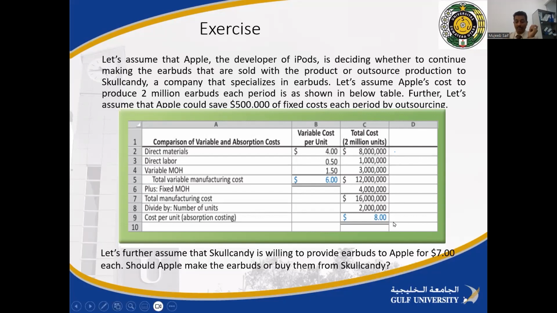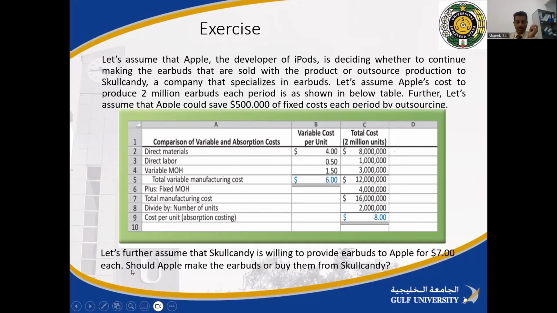That means we now have two options: continue to make AirBuds in our organization, where the total cost for each is $8, or take it from another company that has more experience and is more specialized in this type of product, AirBuds, and we will save.